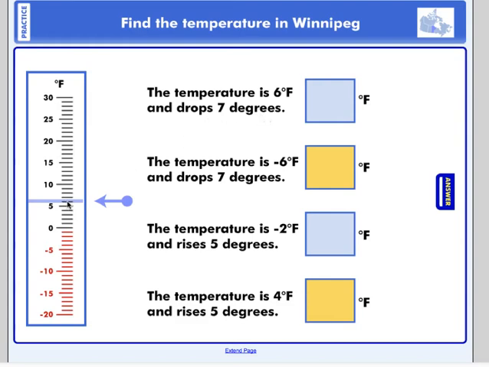Okay, so we're starting at 6 degrees Fahrenheit and we're going to drop 7 degrees. If we drop 7, we're starting here. 1, 2, 3, 4, 5, 6, 7. Where do we end up? Negative 1.